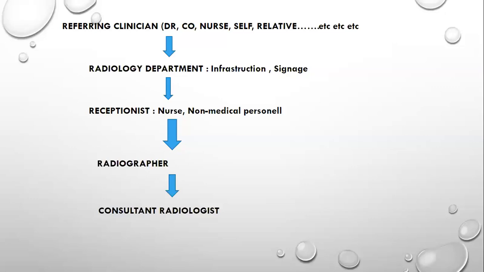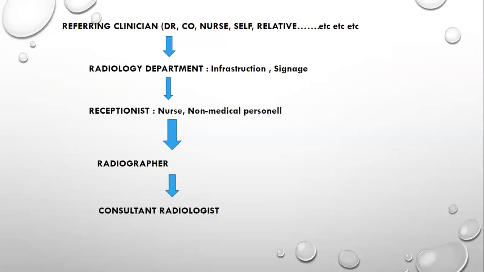So all radiology departments which deal with ionizing radiation have thick concrete walls, and we have doors, windows, and screens which are lead lined, or even some walls can be lead lined, which protect from leakage of ionizing radiation.